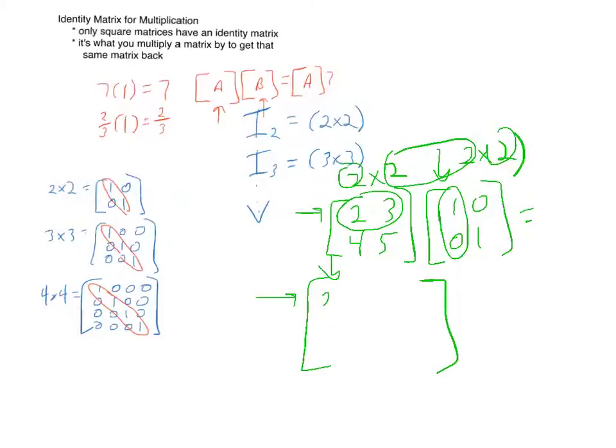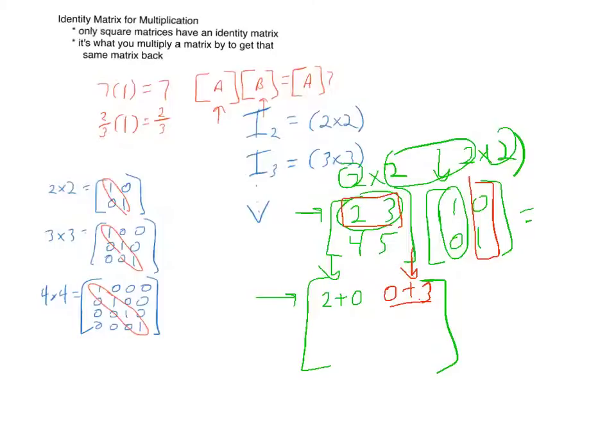For the first row and the first column, I take these numbers and these numbers, and we get 2 times 1 is 2, plus 3 times 0. For the first row and the second column, we do the same thing. That's going to give us 2 times 0 plus 3 times 1.